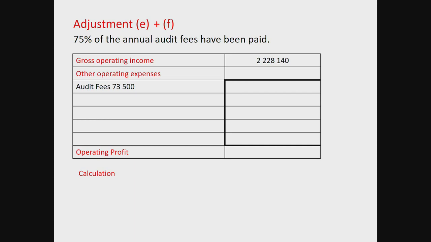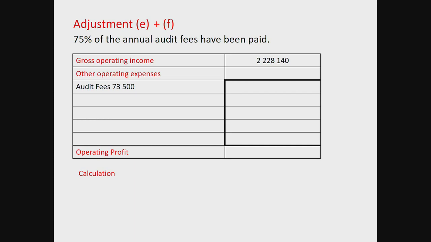Now, we'll be doing adjustment E, which is talking about audit fees, and we have the audit fees total in already. That's the total that's given in the trial balance. And then adjustment F, which is about the depreciation. So what does it say about the audit fees?